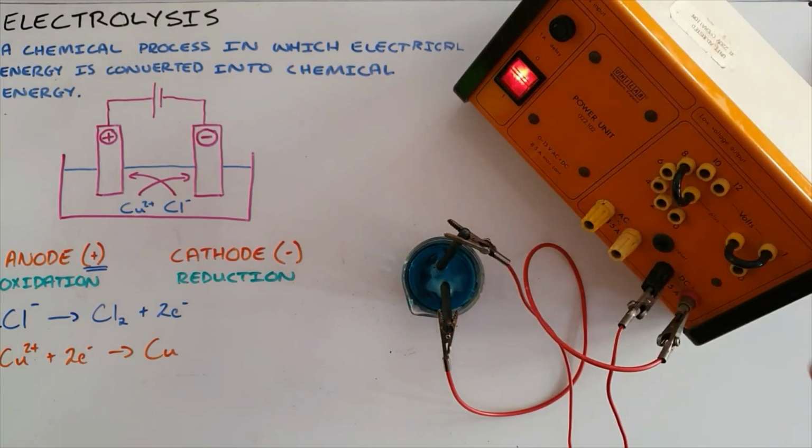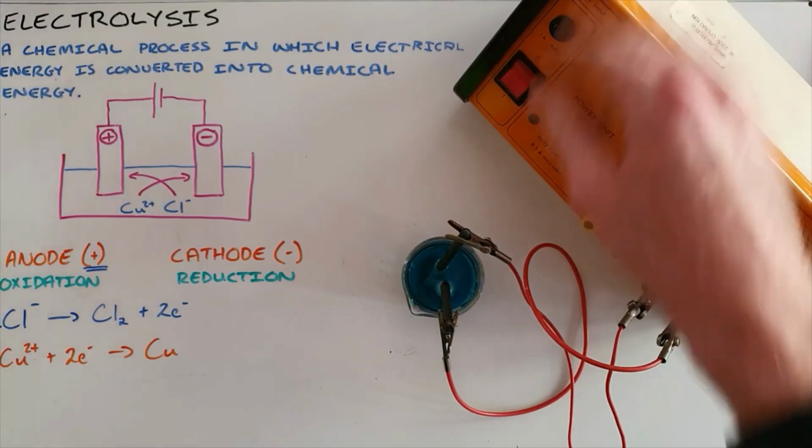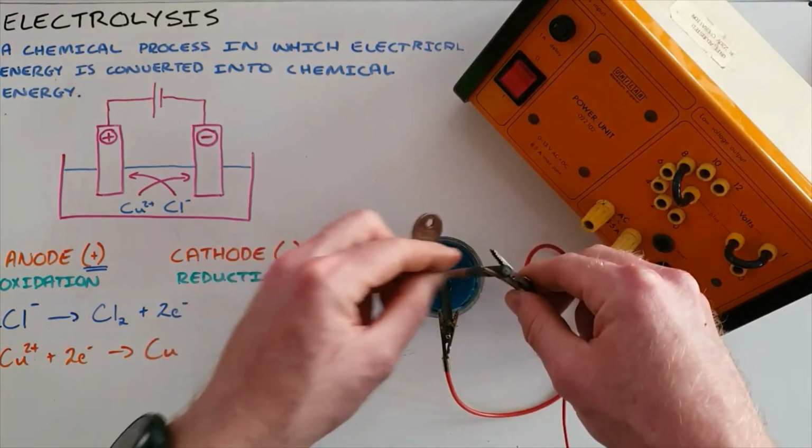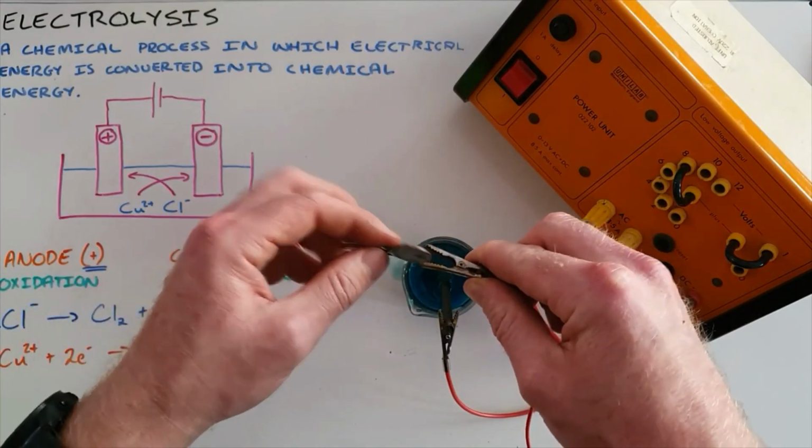We can now also see that this principle can be used in electroplating, where we now replace the one electrode with something that we wish to plate in copper.